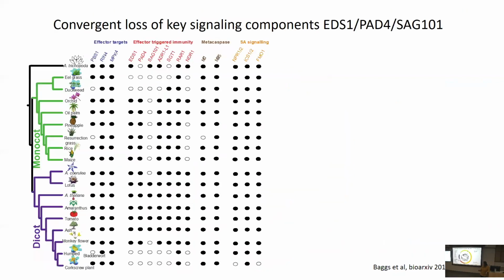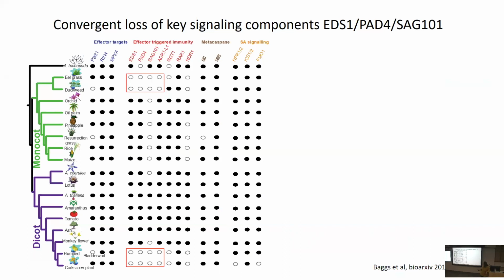And so she started analyzing all known Arabidopsis signaling components and grouping them either in those effector targets, so proteins that we know are targeted by effectors, or the signaling components downstream of the NLRs, and this is hormone signaling even downstream of that. And what we realized is indeed there was a group of genes downstream of NLRs that's been convergently lost in both clades of aquatic species.